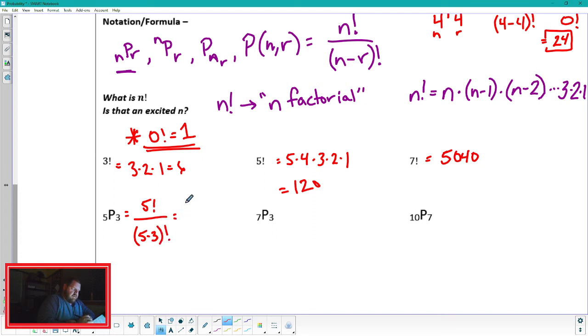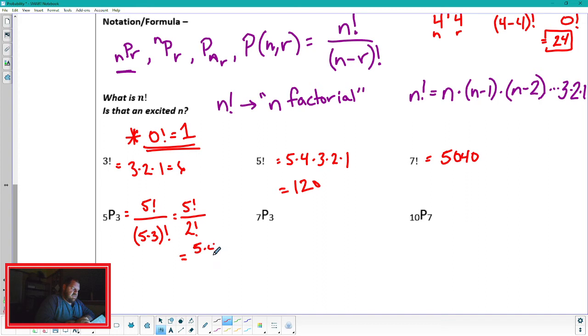Now here's a trick. It's a little early to bring this up, but I think it's okay. I know that 5 minus 3 is 2, so this is going to be 2 factorial. Now, I want to write this out once, and I don't want to write it out every time. I know that seems kind of lazy, but I'm okay with it.